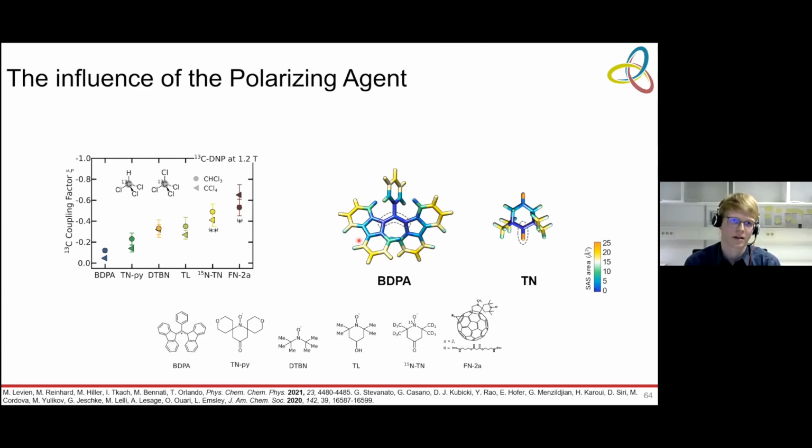Also, you can use experiments where you look at the interaction of a protein with, let's say, a drug or a small activator or whatever: you can hyperpolarize that small molecule and then look at the interaction between that and the protein. Yeah.